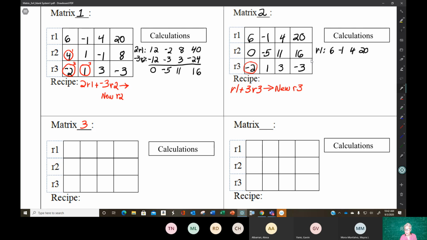And 3 times row 3 is going to be 3 times negative 2 is negative 6. 3 times 1 is 3. 3 times 3 is 9. And 3 times negative 3 is negative 9.